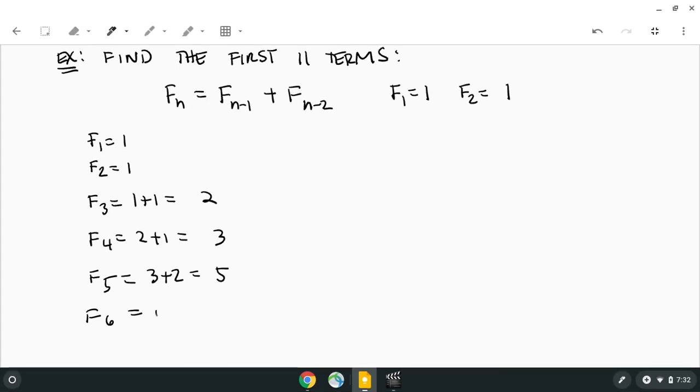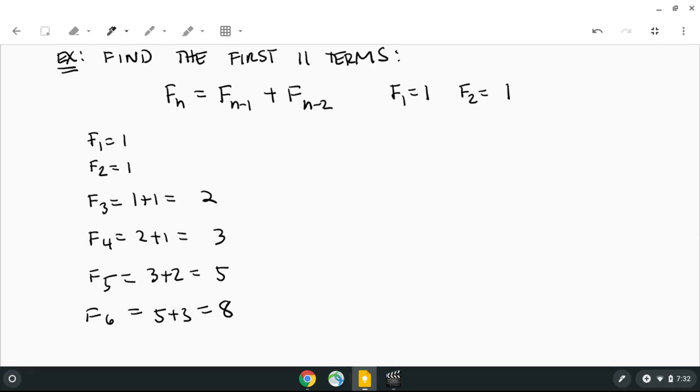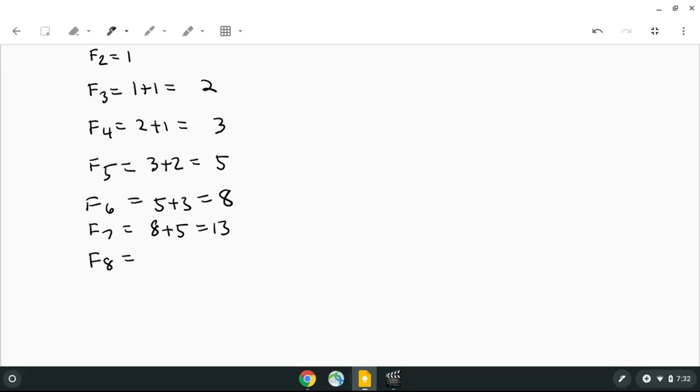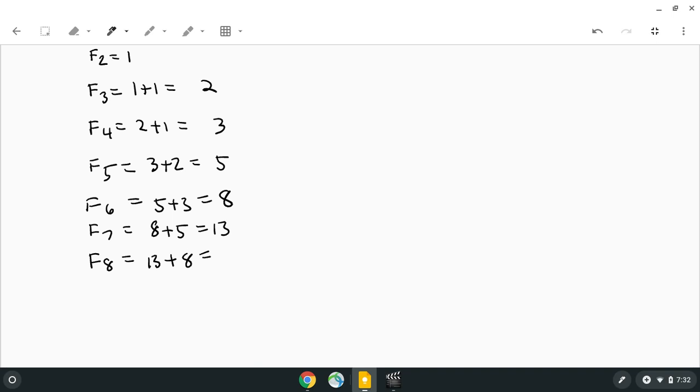Then F7, we're going to add the 2 terms before it, so 8 plus 5, that's 13. F8, add the 2 terms before the 8th term, so 13 and 8, so that's 21.